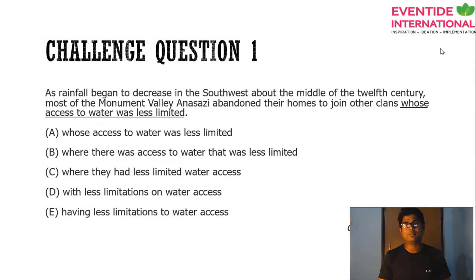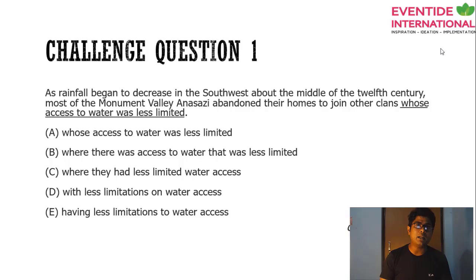Are you done solving the problem? This was the first challenge question, and it is an actual GMAT question. Before going directly into the answers, let's first try and analyze what the question is trying to say. ये आपको ये बोलना चाह रहा है कि अंसाजी करके एक ट्राइब है जो लैक ऑफ रेनफॉल के वजह से दूसरे क्लैन ज्वाइन कर लेते हैं जिनके पास वाटर अवेलेबिलिटी का कोई इशू नहीं है. नाउ मैं फिर से आपको ये बोलना चाह रहा हूं कि जिनके पास वाटर अवेलेबिलिटी का कोई इशू नहीं है.